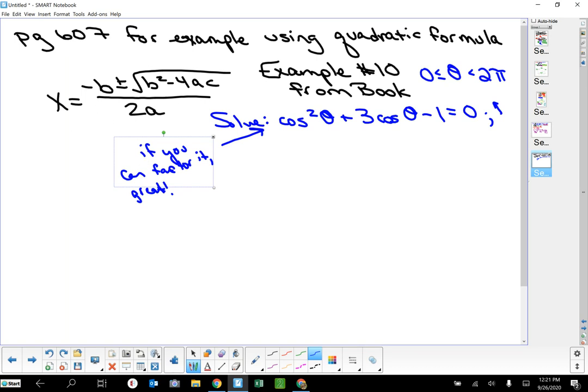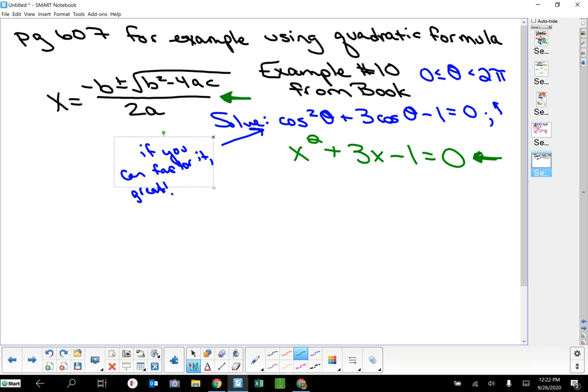So remember that these are in the form, and actually what we're going to do, I'm going to transition this thing to make it just look like this. This would literally look like x squared plus 3x minus 1 equals 0. And we're going to plug this into the quadratic formula.